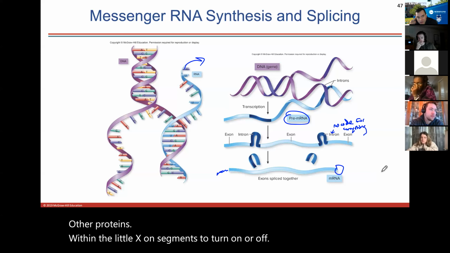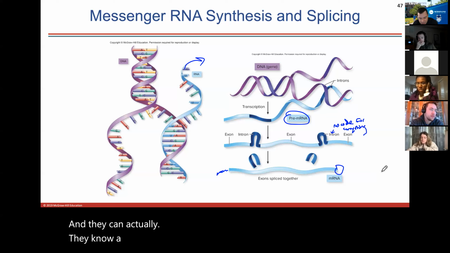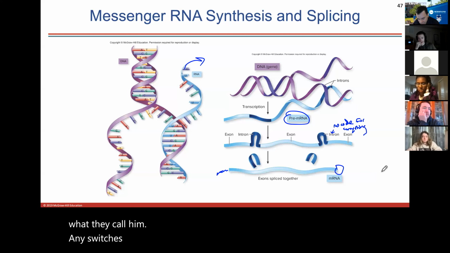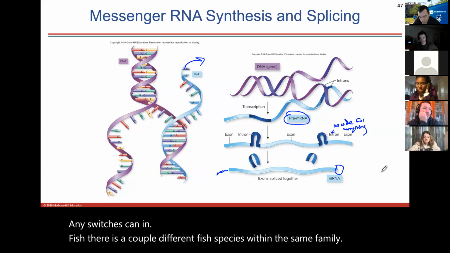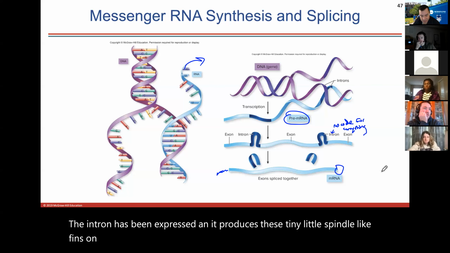They know a few of these introns and they know a few of these switches, is what they call them. And these switches can, in fish, there are a couple different fish species within the same family where the intron has been expressed and it produces these tiny little spindle-like fins on the bottom side of their belly.